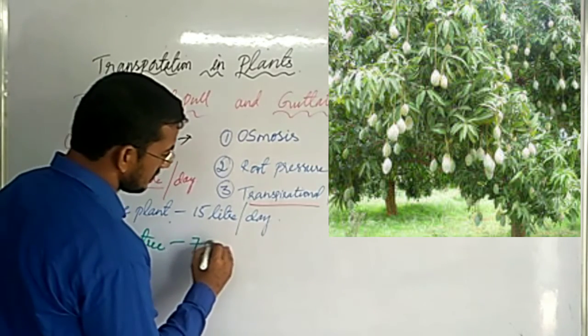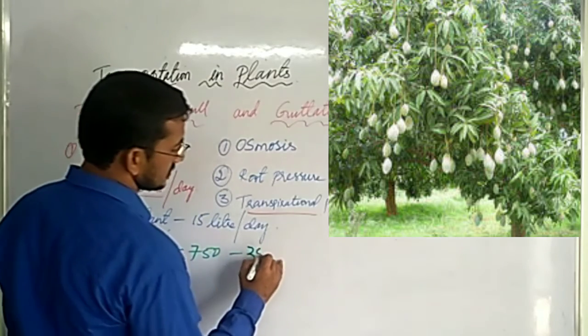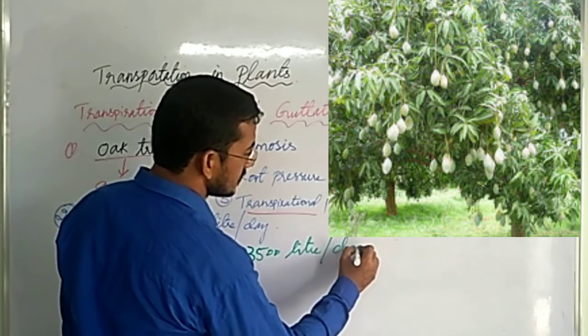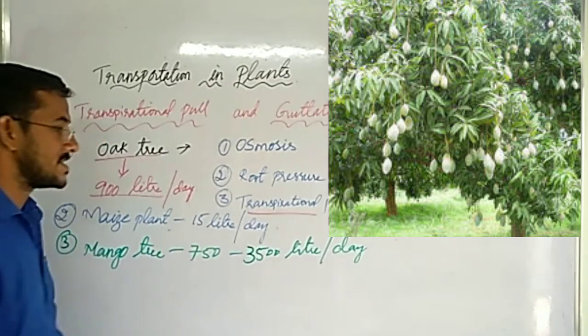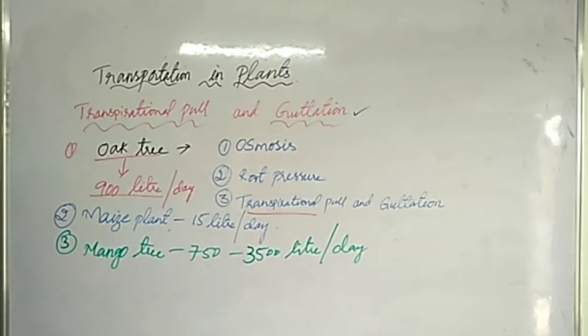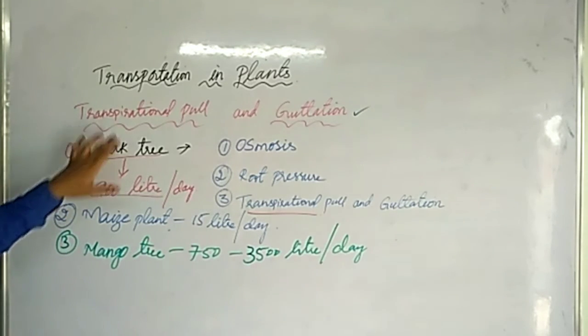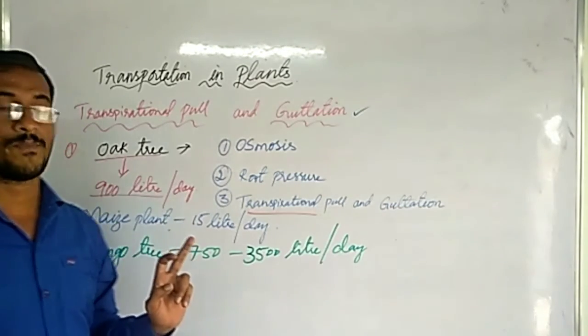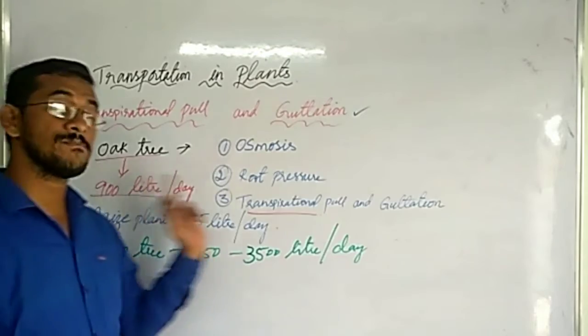Water is added to the atmosphere by trees. From trees, extra water is evaporated in the form of transpiration. So in the case of an oak tree, 900 liters per day is evaporated. From one maize plant, 15 liters.